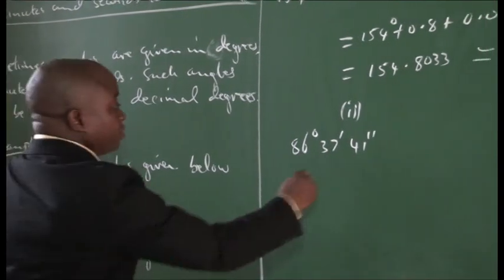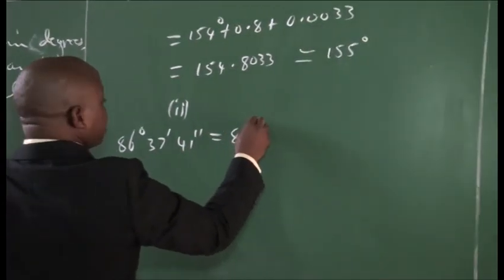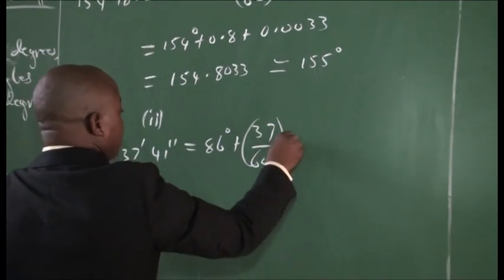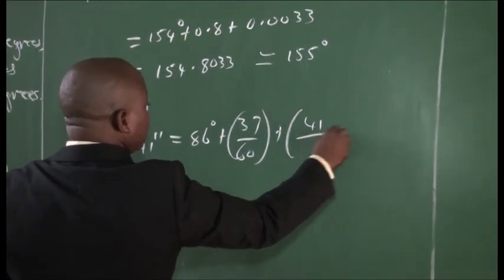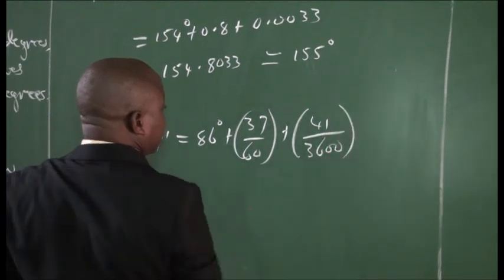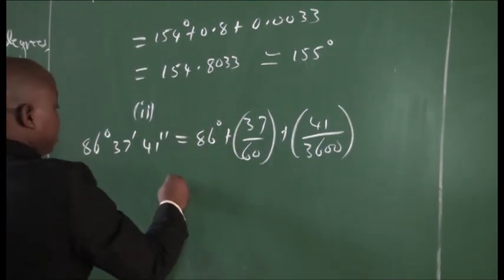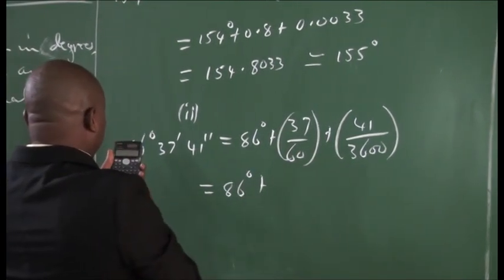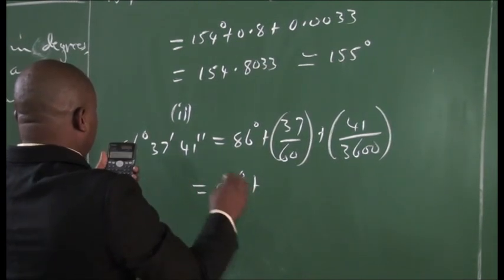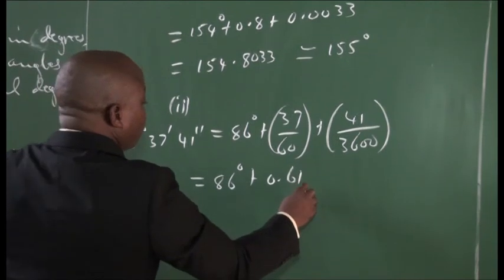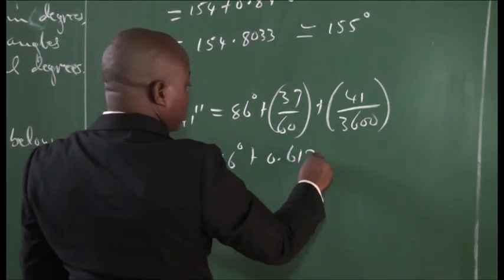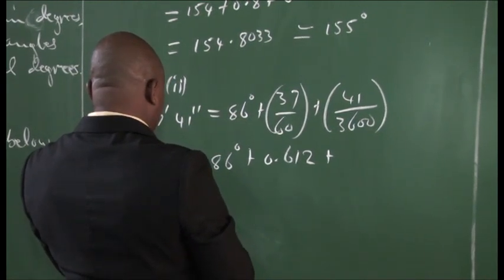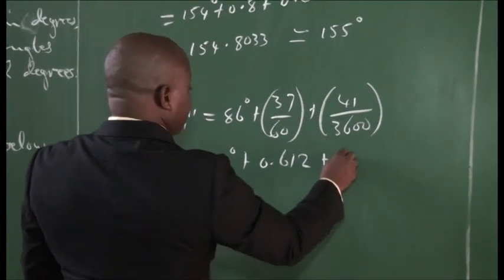Then that will give us 86 degrees plus 37 over 60 plus 41 over 3,600, that is 60 times 60. We have 86. Then 37 divided by 60 gives us 0.612, plus 41 divided by 3,600 gives us 0.011.